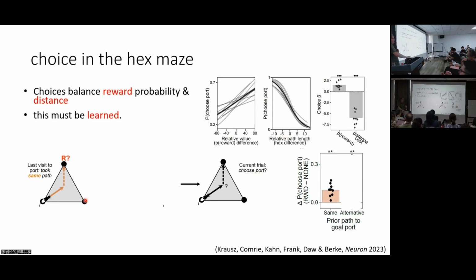Well, the task is to earn as much reward as possible. So they want to balance 60% against how long the path is. There's also the fact that going from one place to another is longer, so there's a distance factor as well. But yes, the reward part is they want to choose the better options. They have to figure out what those are, right? We can see on average they do, but the question is how.